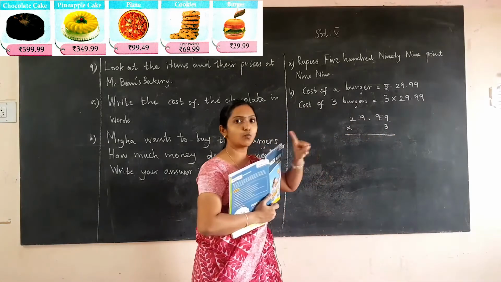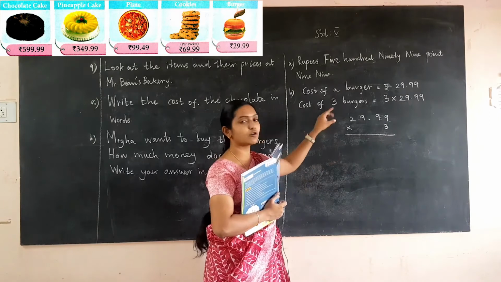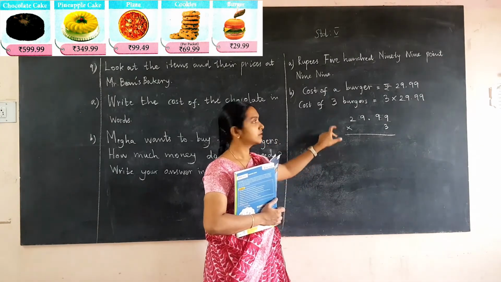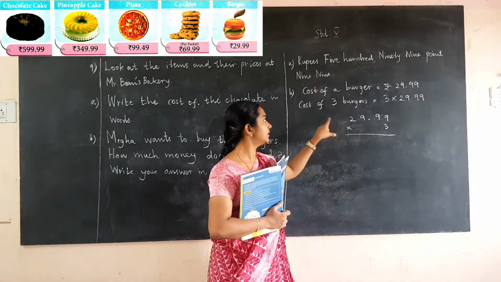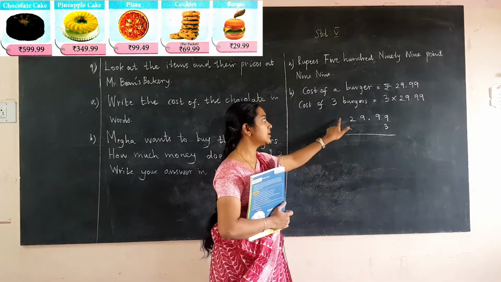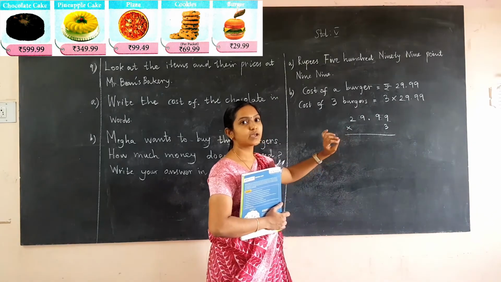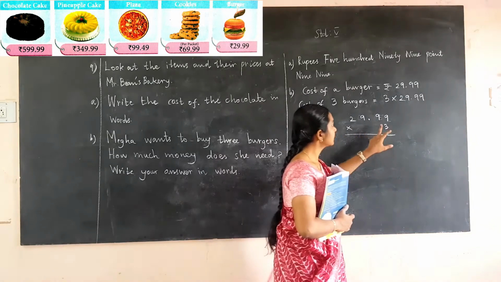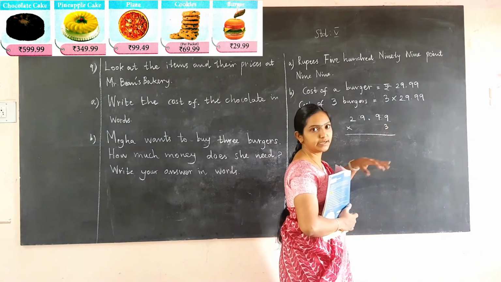The value for 1 is given and the cost of 3 is asked. So, we have to multiply. While multiplying the decimals, you can leave the decimal point and just multiply. 9 3s are 27.